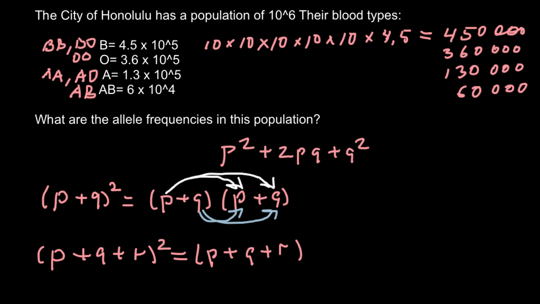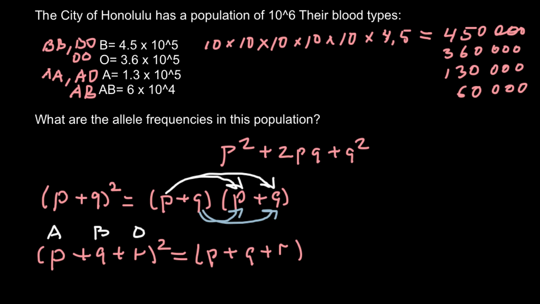By the way, P stands for the allele A, Q stands for the allele B, and R stands for the allele O. As you see, we have 4 blood groups, but blood groups consist of just 3 alleles: allele B, allele O, and allele A. So the total number of alleles is 3. These 3 alleles make 4 different blood groups.